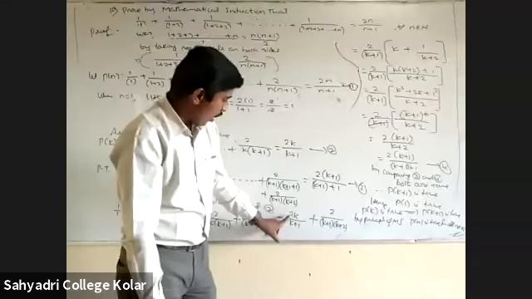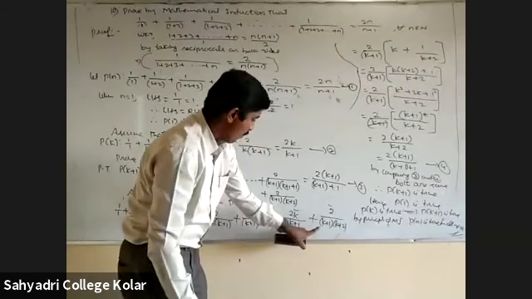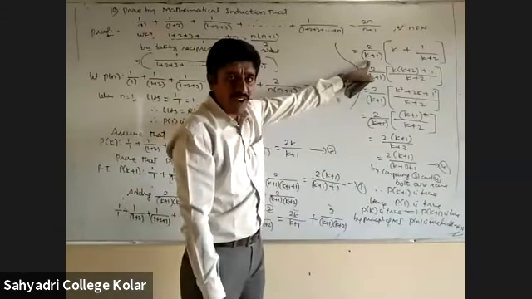On the right side, take the common factor: in the numerator 2 common, in the denominator k+1 common, so 2/(k+1) is the common factor.